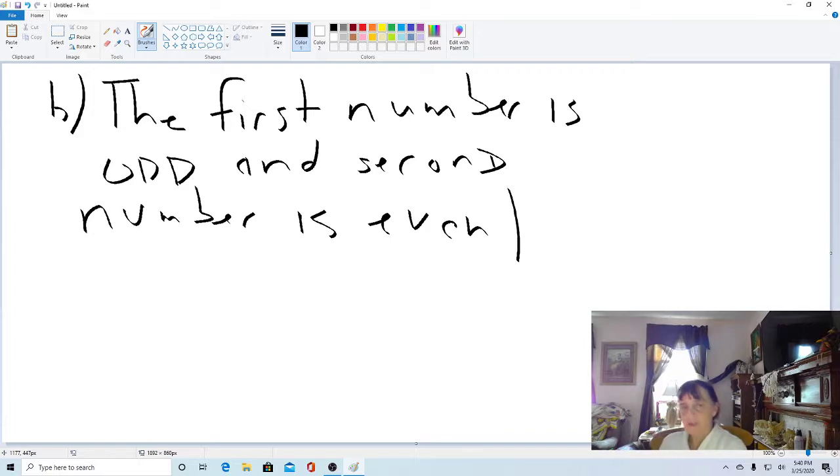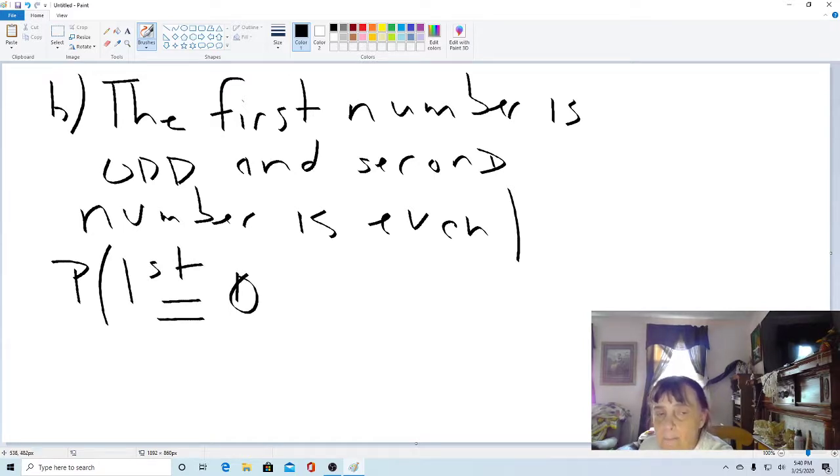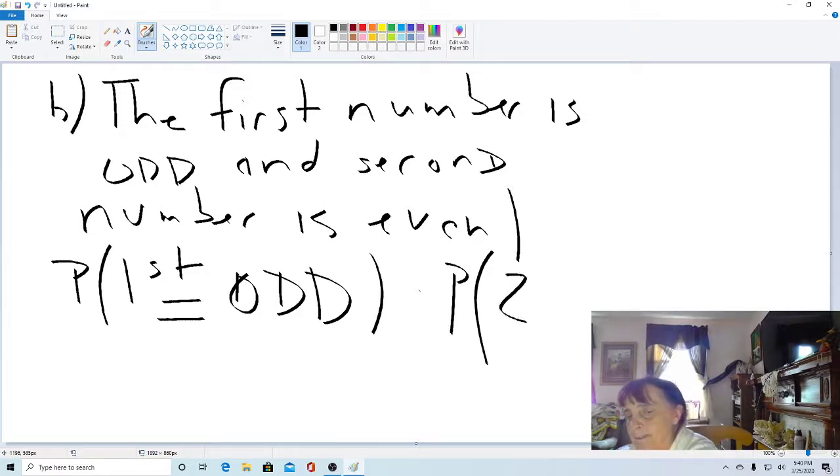That's the probability of the first number being odd times the probability the second one's even.